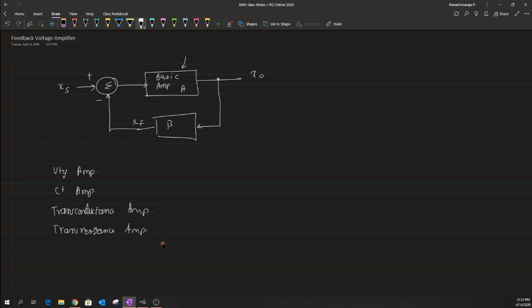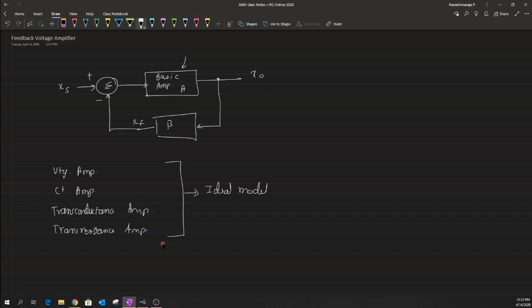So in the previous session, I said that all these structures that we have taken and fixed onto this basic amplifier were considered to be an ideal model of these amplifiers.